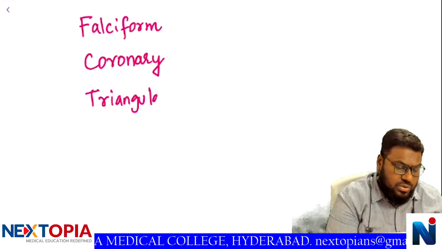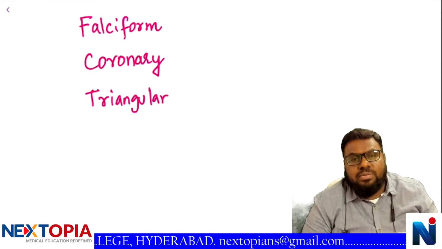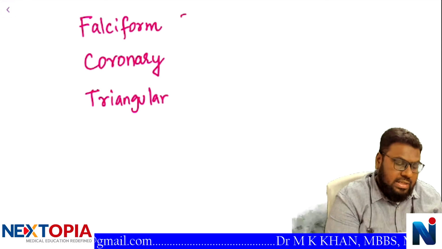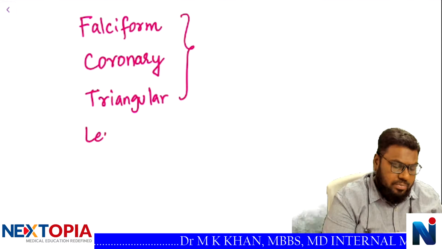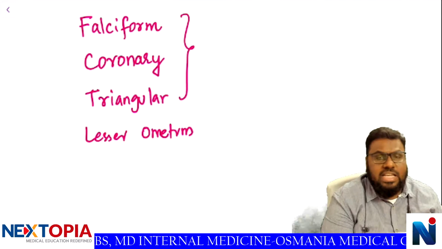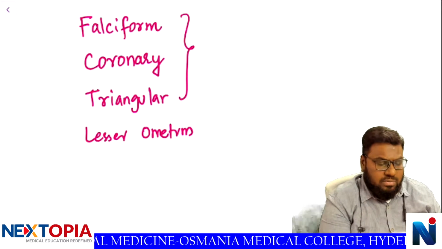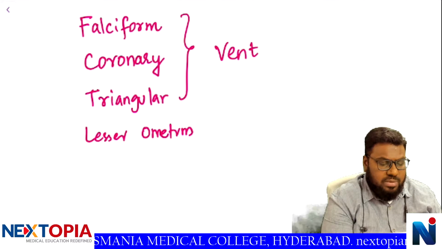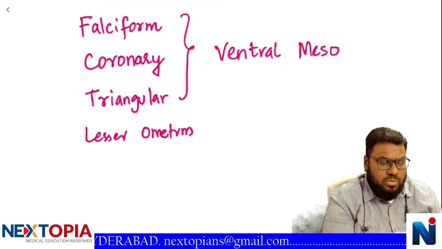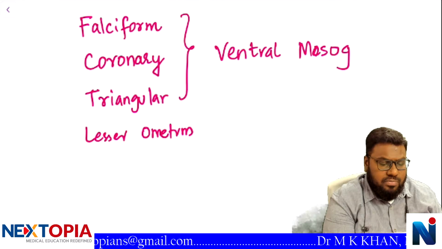All these are connective tissue components of the liver. These components are nothing but a portion of the lesser omentum. They form what is known as the mesentery, which gives attachment to the ventral mesentery, or ventral mesogastrium, on the ventral body wall.